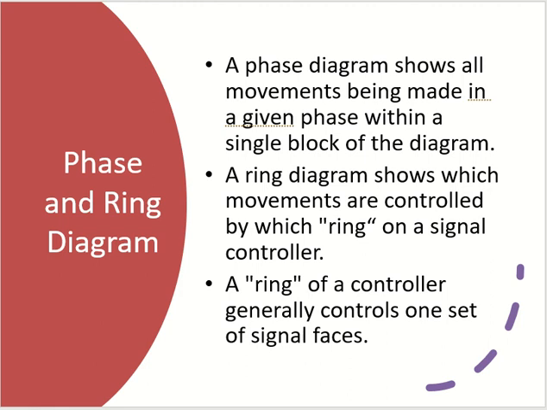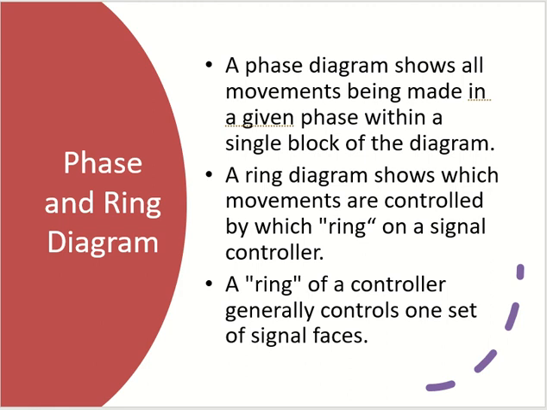In a ring diagram, each box shows the movements of one phase happening from a face of the signal. What is a phase? A direction. A phase is a direction. So we have a signal in each direction, right?